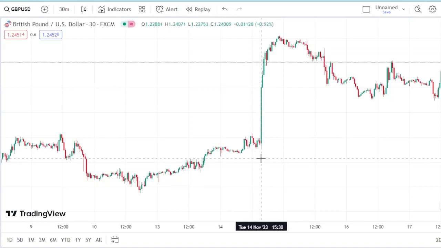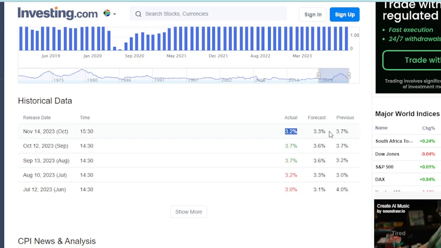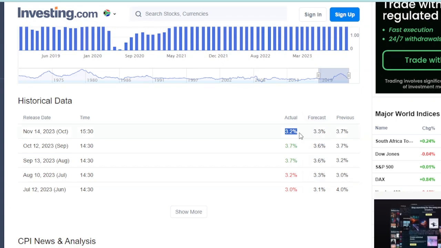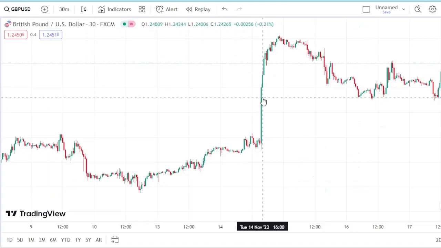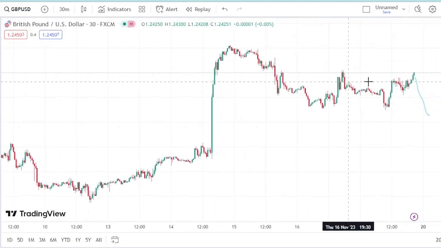This major bullish candle was due to this number being lower than the expected number. So therefore the dollar lost strength and the pound gained strength, because this actual number was lower than the forecast number, and that is why we are having buys. That is why the trend is now bullish, right?